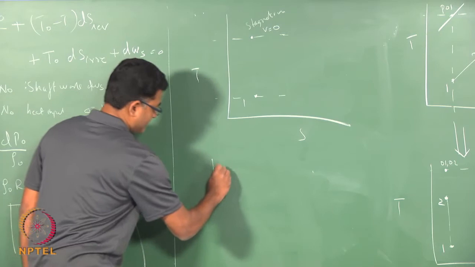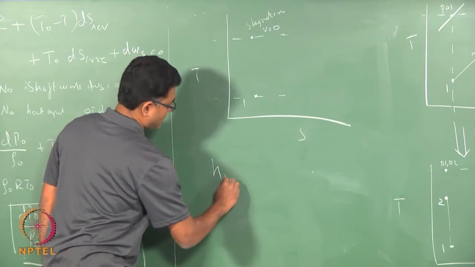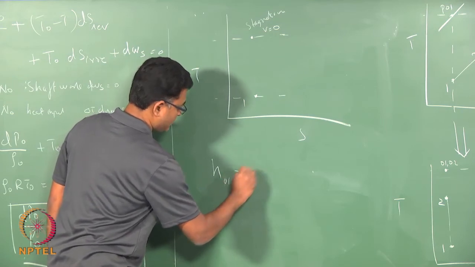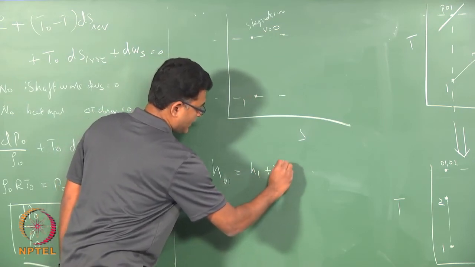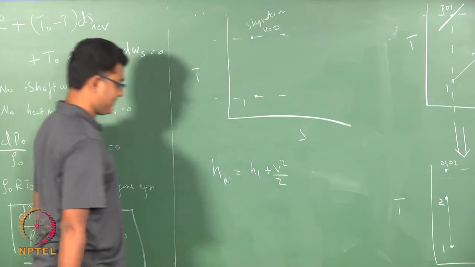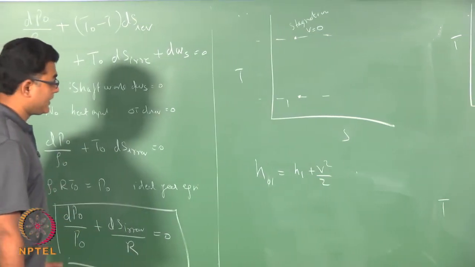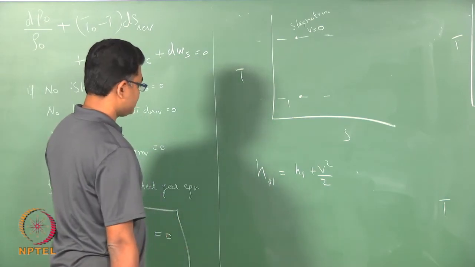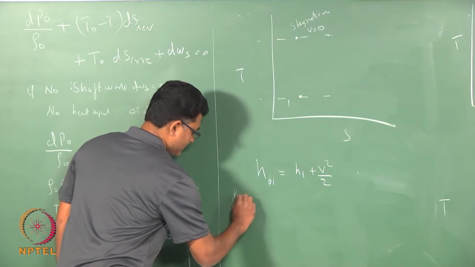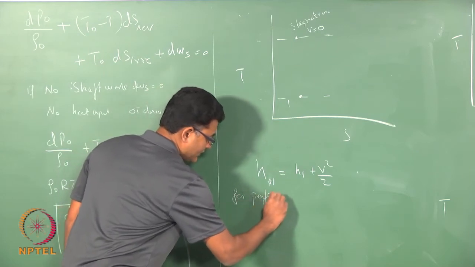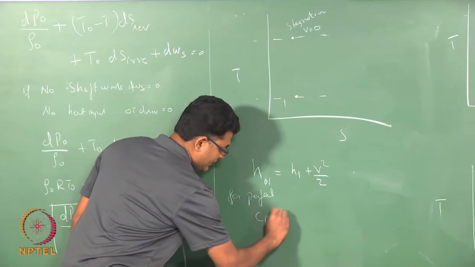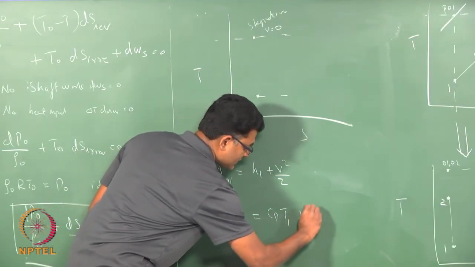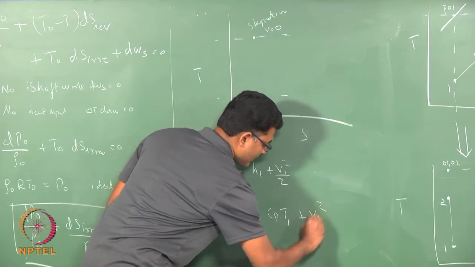I have defined my h01 to be h1 plus V square by 2. This is what we have seen in the earlier part of the lecture. Now, for a perfect gas, this is Cp T01, and this is Cp T1 plus V1 square by 2.